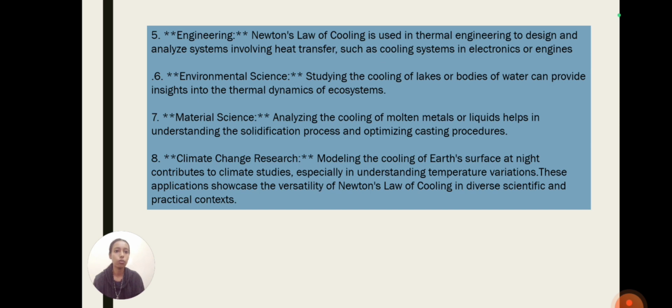Analyzing the cooling of molten metals or liquid helps in understanding the solidification process and optimizing casting procedures. Climate change research. Modeling the cooling of Earth's surface at night contributes to climate studies, especially in understanding temperature variation. These applications showcase the versatility of Newton's law of cooling in diverse scientific and practical contexts.